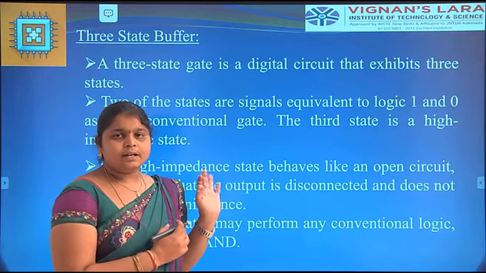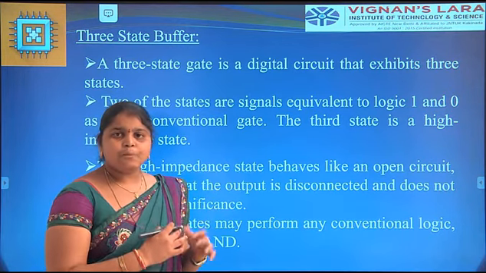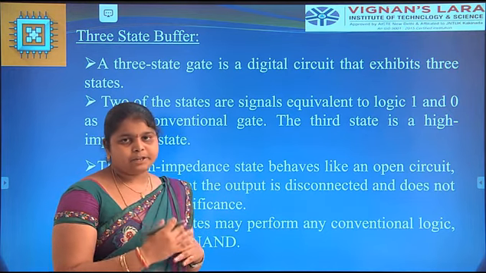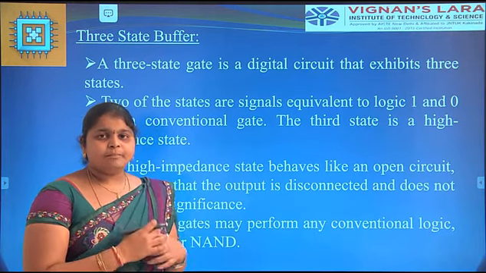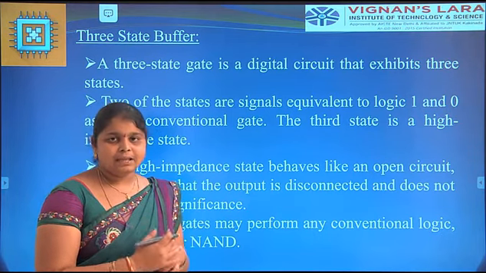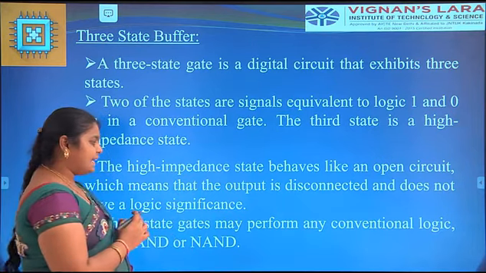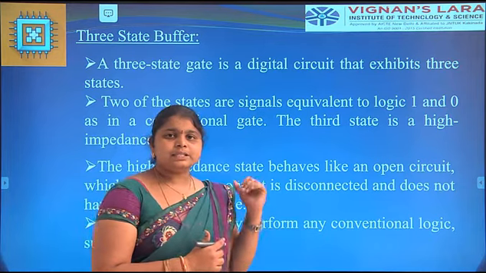Okay, the three-state buffer also has a symbolic form in the circuit. In a circuit diagram it is represented in circuit form. When it is disconnected in the circuit, that means it is in high impedance and there is no output representation. Three-state gates may perform AND and NOT functions by using this three-state buffer.